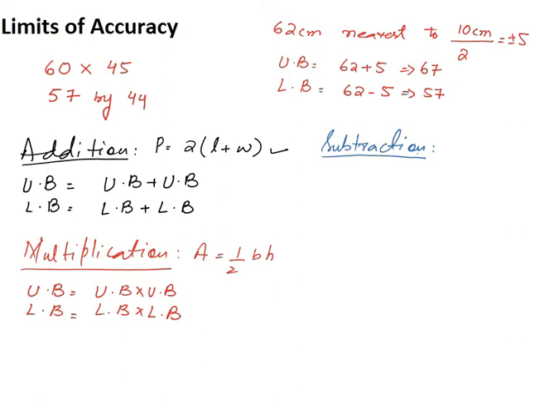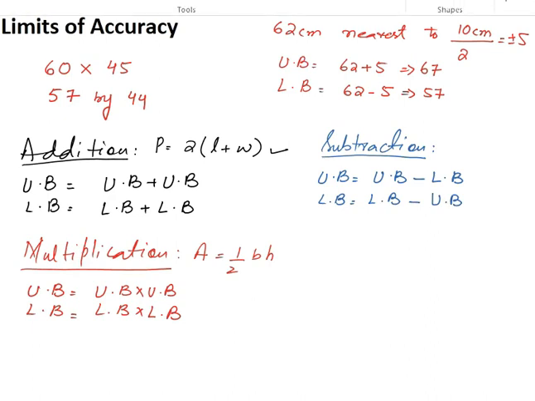So to find the upper bound in the condition of subtraction, we will take the upper bound of the first value and the lower bound of the second value. Similarly, to find the lower bound, we will take the lower bound of the first value and the upper bound of the second value. So here we have a condition of subtraction.